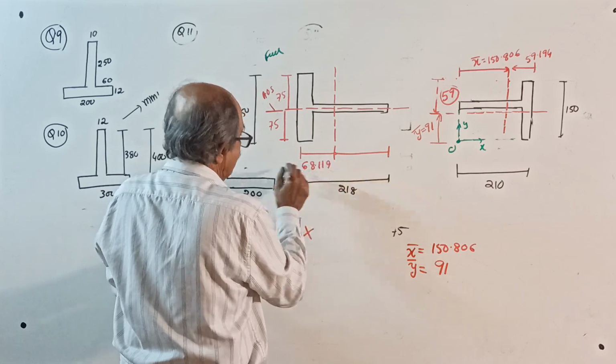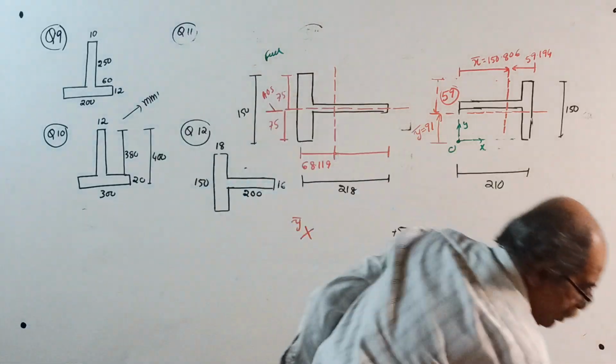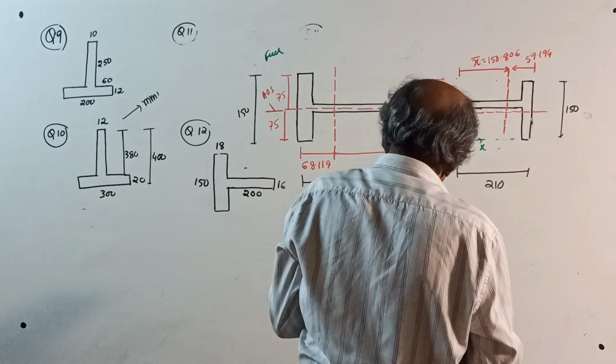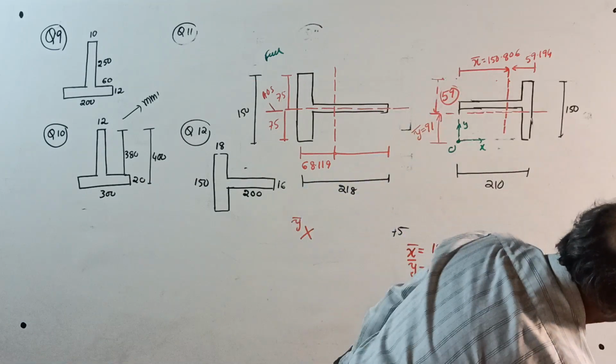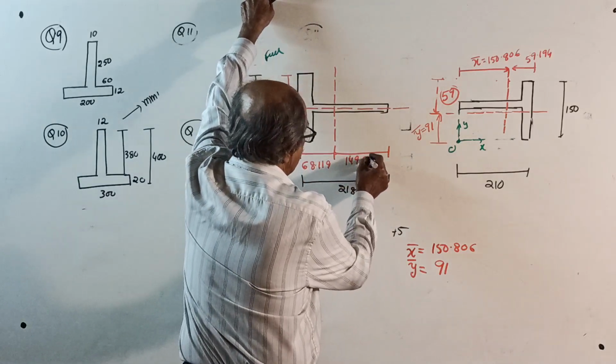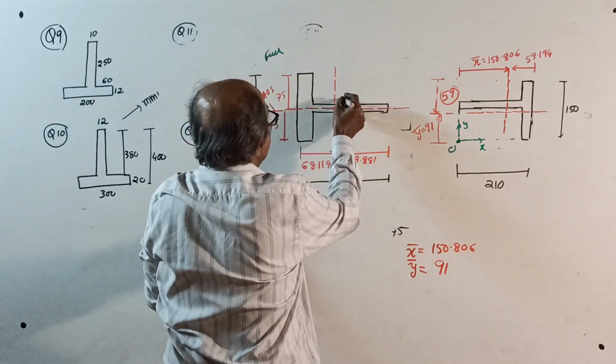This is your x bar. If you do it from the other side, your x bar will come as minus 218, minus 218, 149.881. Okay. This is centroid G.